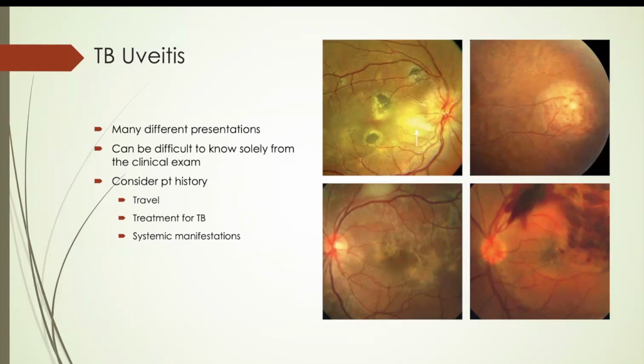These pictures show you what TB can look like. In this lower right-hand picture, it can cause an occlusive episode, and you can end up with something like a BRVO, or it can cause granulomas, like you can see here in the top right. So there's lots of different things that TB uveitis can cause.